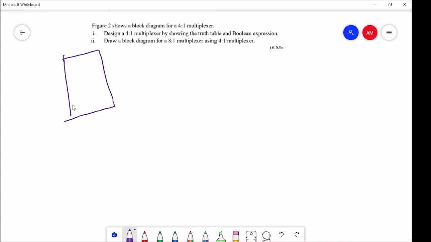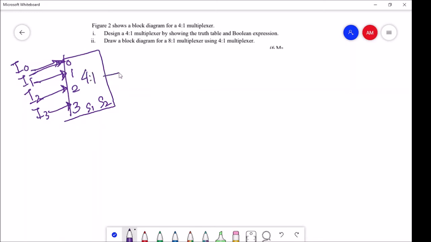From the question, it shows a 4-to-1 multiplexer with 4 inputs, input 1, input 0, input 2, input 3, and then there is sum 1 and sum 2, and output Y. So now let's draw the truth table.